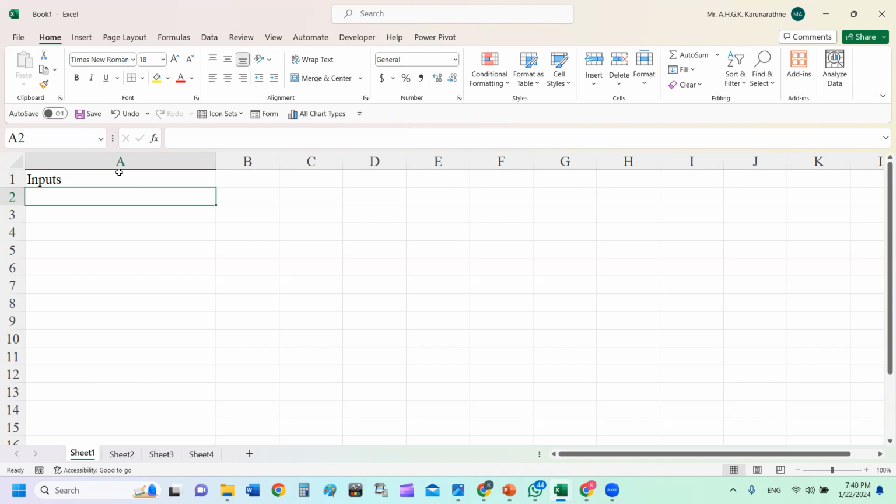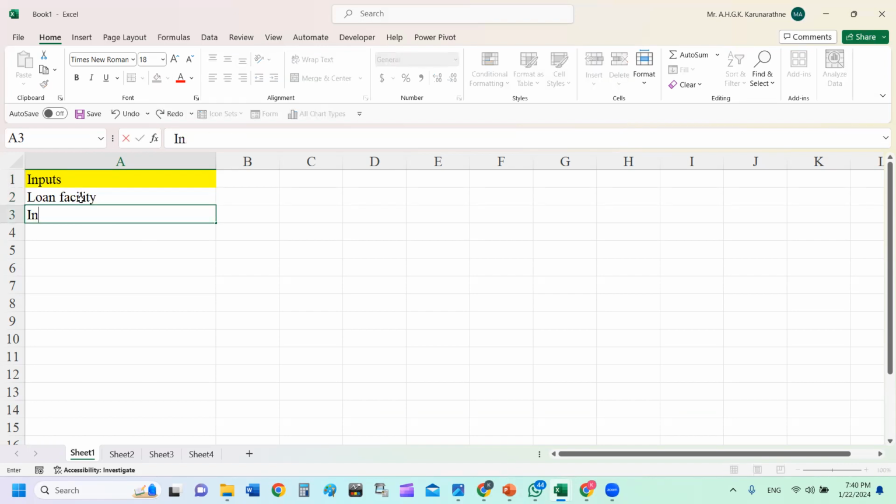So for the inputs for the loan scenario, you first need to determine the loan you borrow. Let's say loan amount, the loan facility you borrowed. Then the agreed interest rate. In addition, the period.